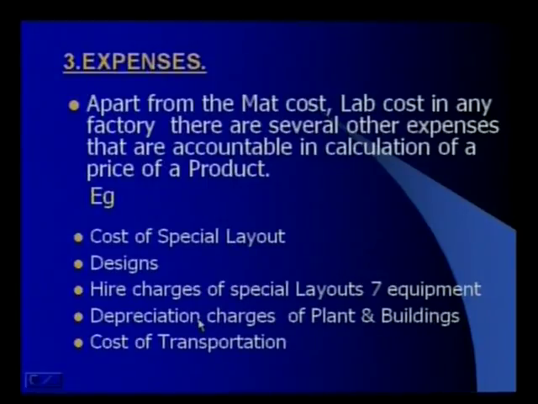We know what depreciation is. It is the reduction in the cost of a particular machine or equipment. We are going to see this topic at the end of this lesson. Then, the cost of transportation of different amenities in the factory.